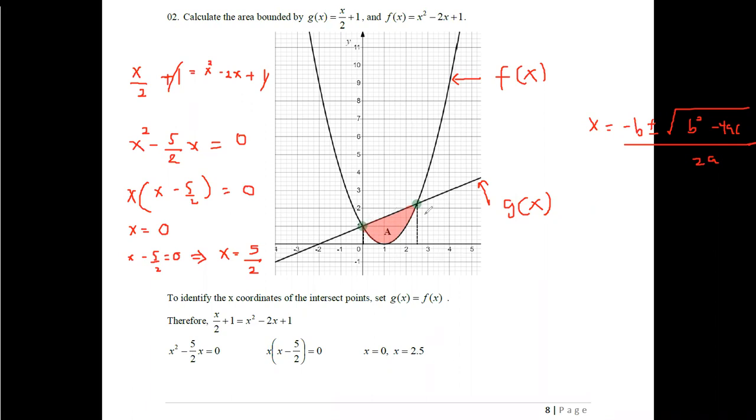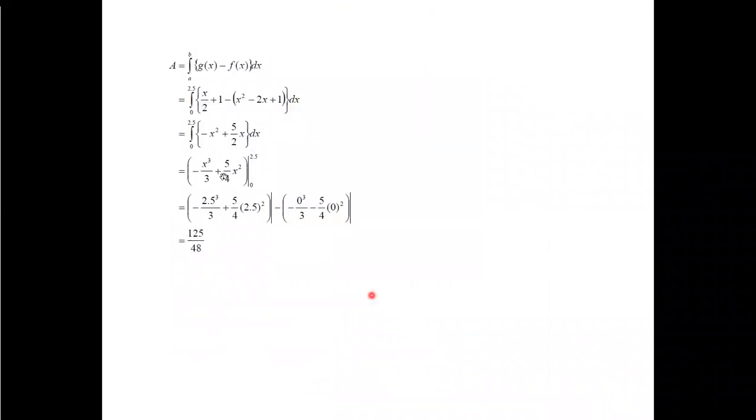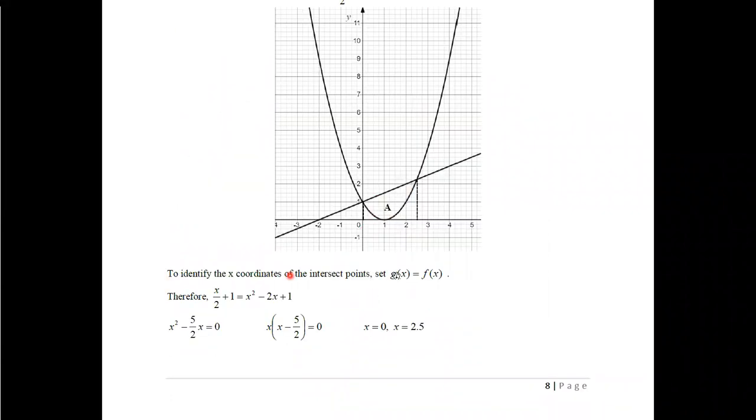Now you can see that these are the regions that we need to identify as the values for a and b. If you set these values accordingly, then g(x) is x squared minus 2x plus 1, f(x) is x divided by 2 plus 1.